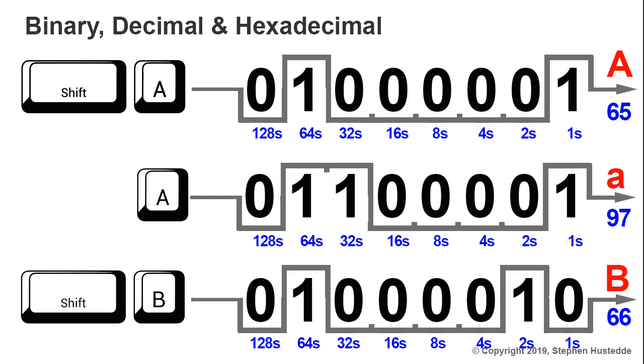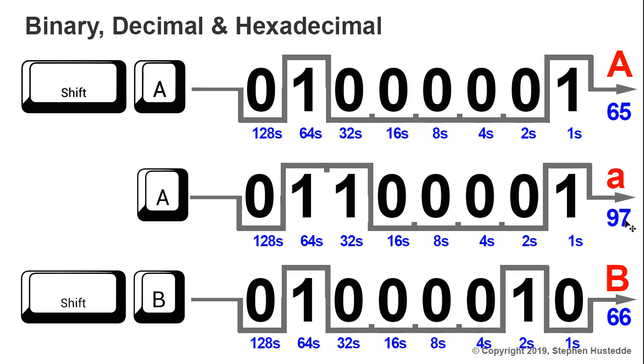And so I know that, okay, B is 66, C is 67, D is 68. And if I wanted the lowercase value of any of those, I just add 32. So 32 plus 65 is 97. It's an easy way to remember these or work this out on paper if you ever need to, of what is the ASCII value of a particular letter.